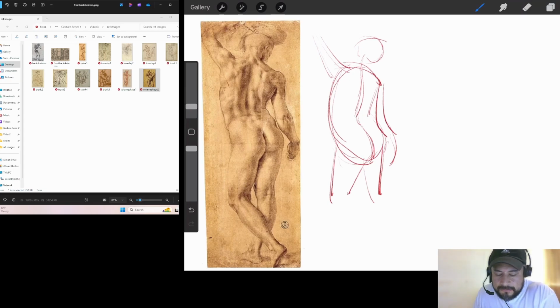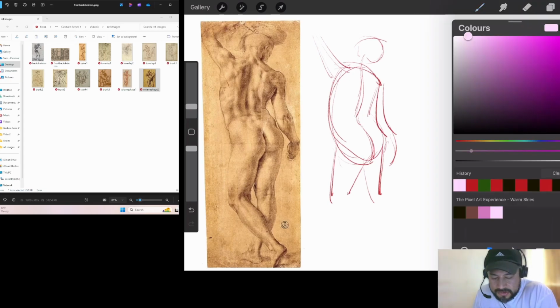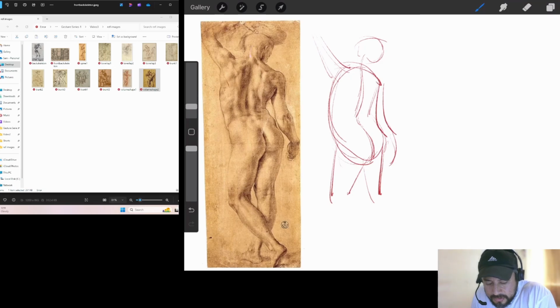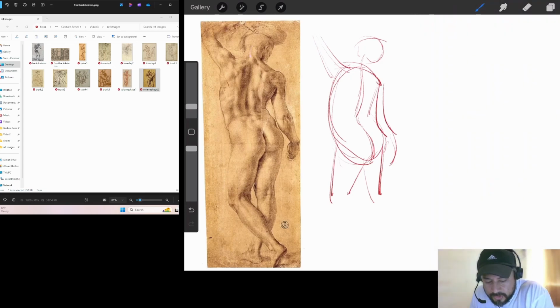Now, the landmarks I'll put in white, I can't see that pink color, so I'll try white. Okay, there. Base of the skull, the C7 joint, the spine, and the sacrum just sits just above where your butt crease begins.